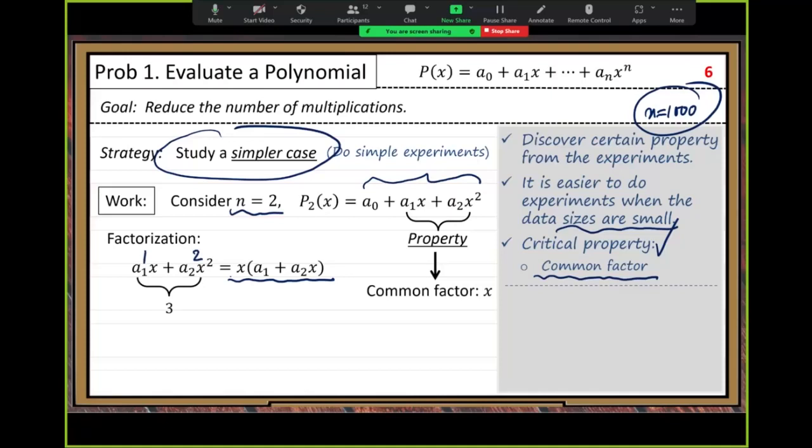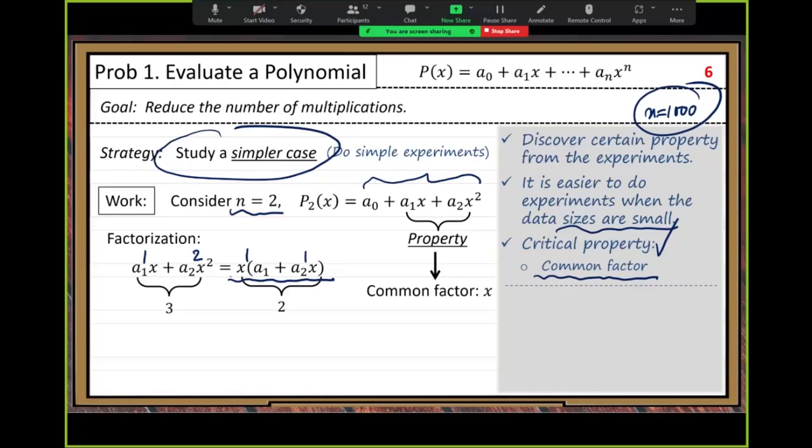But after we change the structure, we only have 2 multiplications. X times parenthesis 1, a2 coefficient times x, that's 2. No more. Only these 2 multiplications. So you can see the number of multiplications is quite different, from 3 to 2. That's a big improvement.